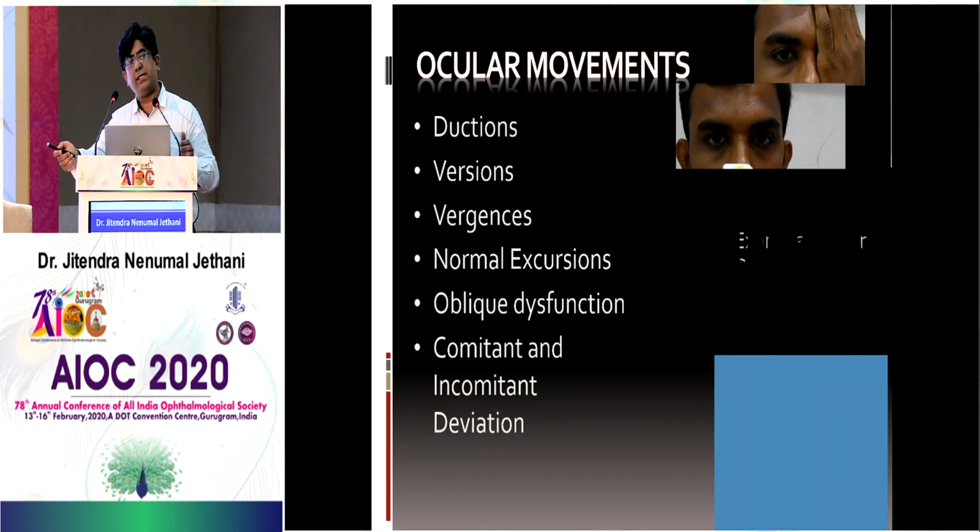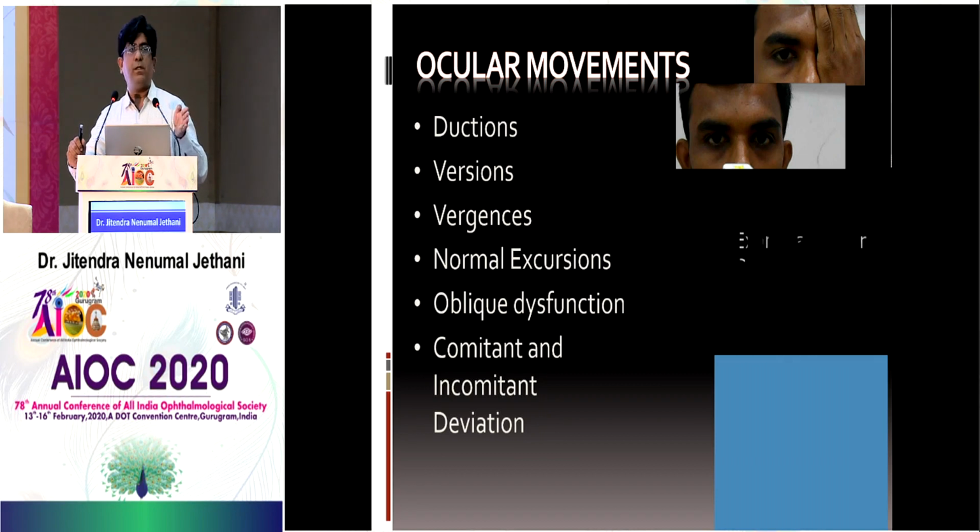When you move to the right, it is dextroversion. And then you have to know what the normal excursions are, whether there is an oblique dysfunction or not, and whether there is a concomitant or incomitant deviation, that includes both patterns and near distance disparity, and fixing right eye, fixing left eye difference. Normally they will ask you what is the difference between primary and secondary deviation.